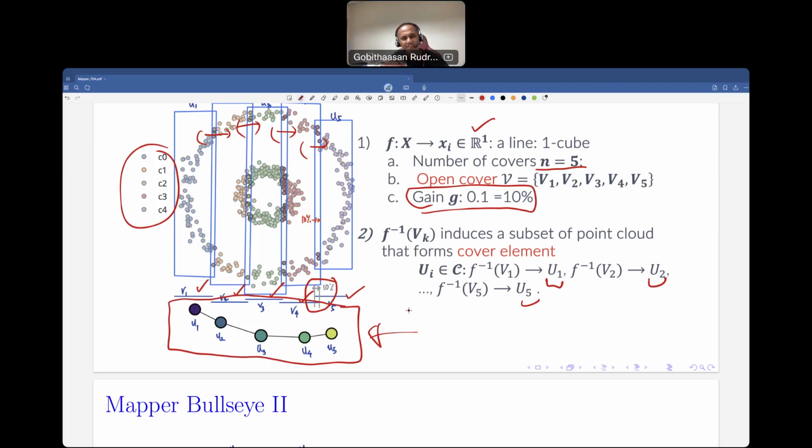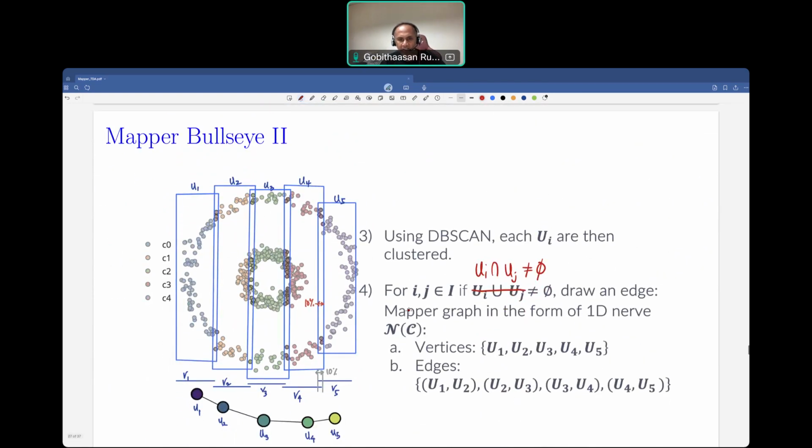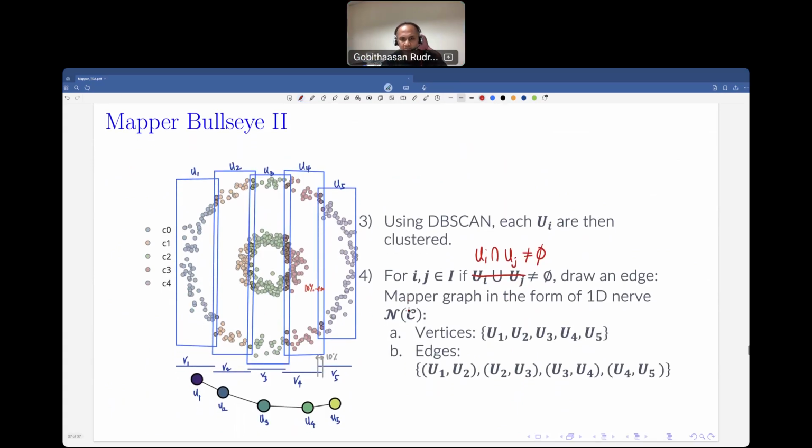By chance, every single pullback became a cluster. That's step 3 and step 4. Since the clusters overlap, then we have the edges, so you end up getting this mapper graph.